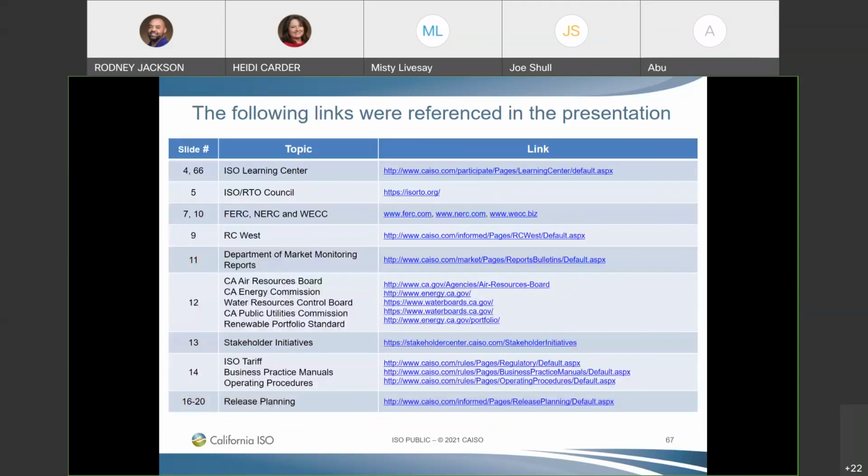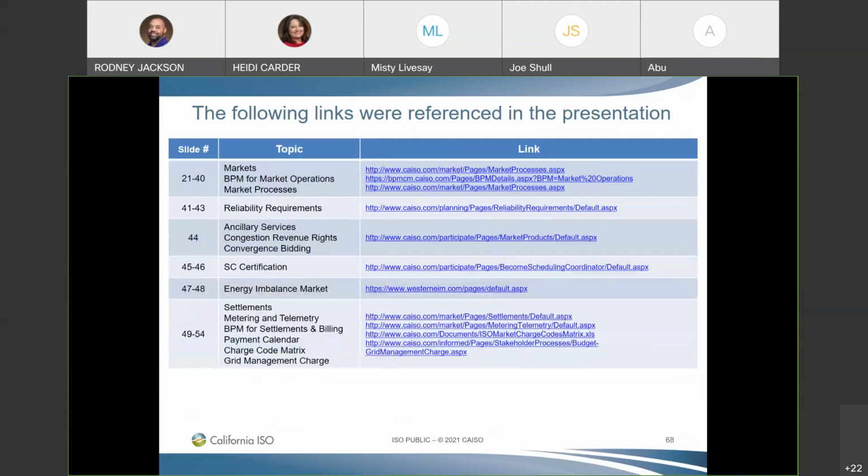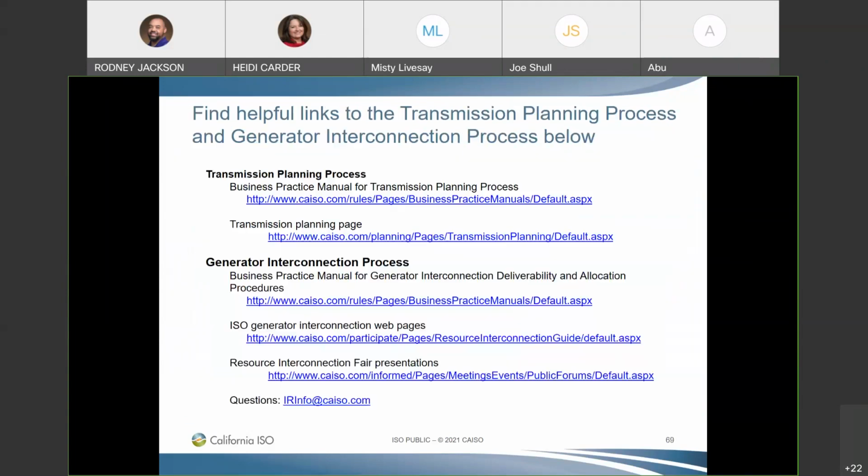Now, here are the links that are provided, and we have the reference slides that are available to you. So if you guys are taking notes along the way and something caught your eye and you want to know where to find that information, we're going to give you those links here so you don't have to go back through and look for it. This is a resource guide at the end. And then the links to the transmission planning process and generation interconnection process, we give you those here also.